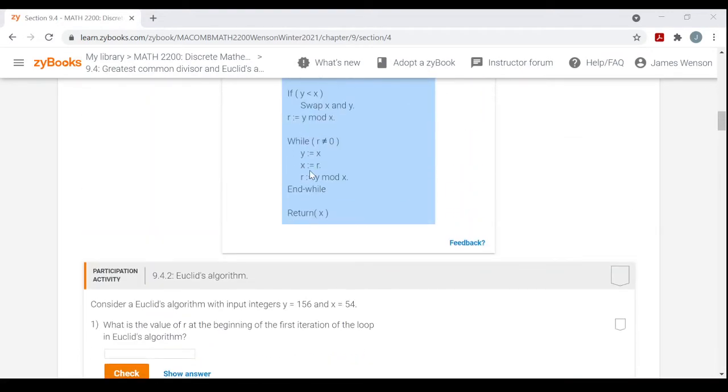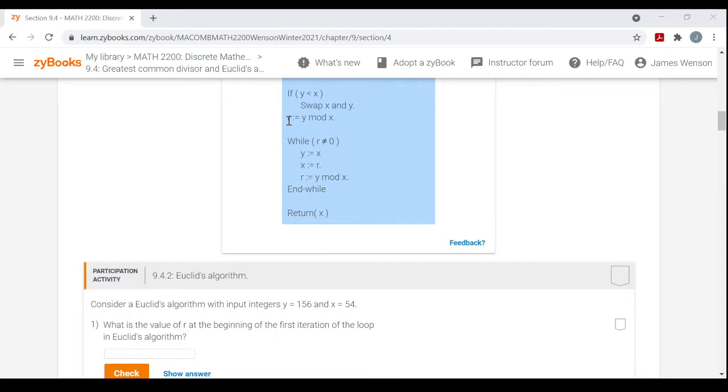So you see here back in the loop, the value of x is 54, the value of y is 156, right? And so it runs through this now. Y is bigger than x, so this if statement isn't run. Then it assigns a value of r, right? R is y mod x, which I already told you, 156 mod 54 is 48.